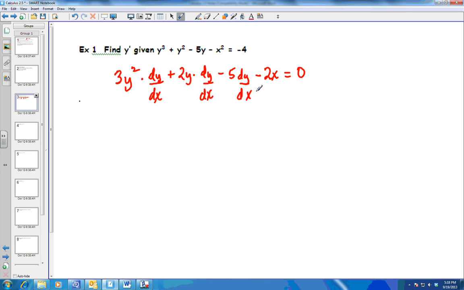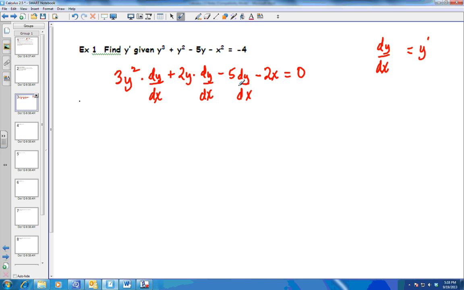Okay, now here's the deal. Some teachers make you write this dy dx the entire time. Dy dx, I usually write that as just y prime, just because it's shorter and it's not as messy. Okay, so in our problems, instead of writing dy dx all the time, let's change that to y prime.